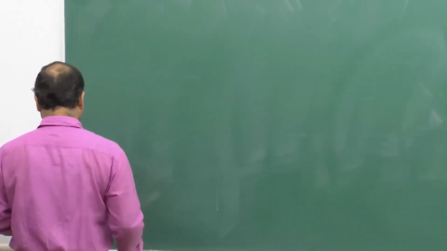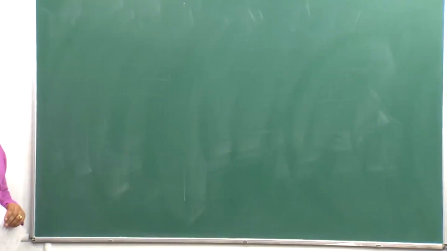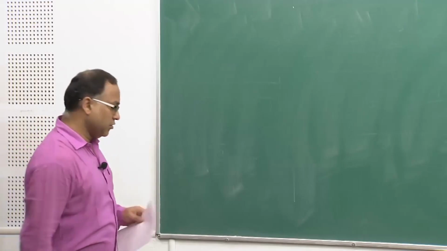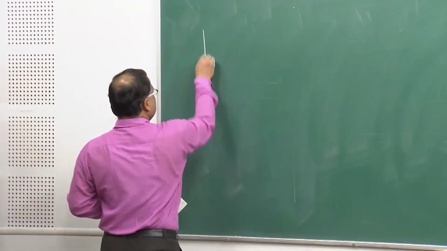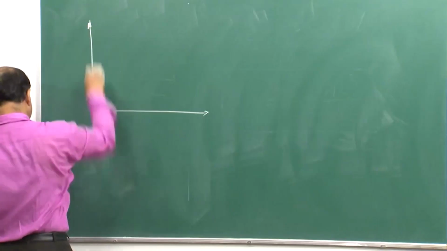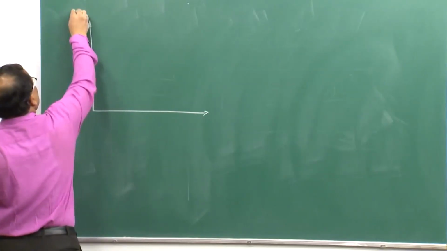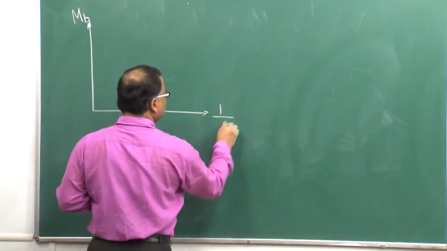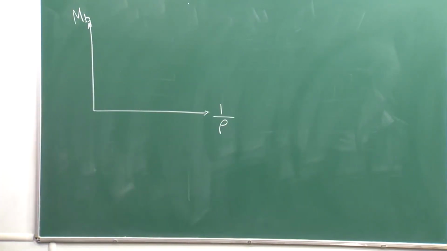Now, what does it mean? The method of superposition is valid for the linearly elastic system, which exactly we are talking of in this particular course. Along the x axis we are writing 1 by rho, as you know, that is d phi ds, and along the y axis we are plotting Mb.